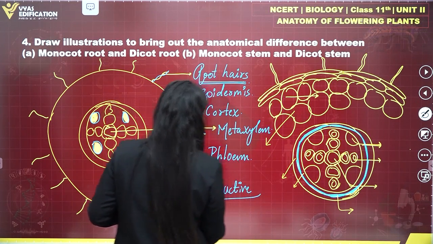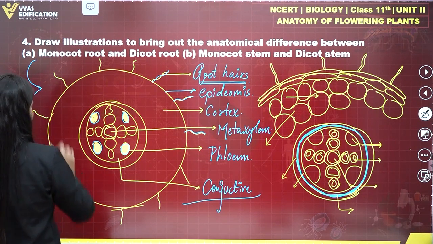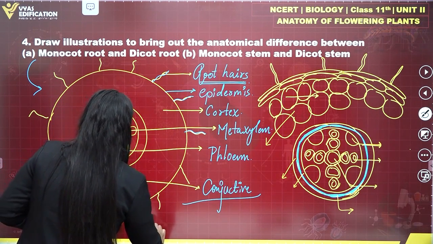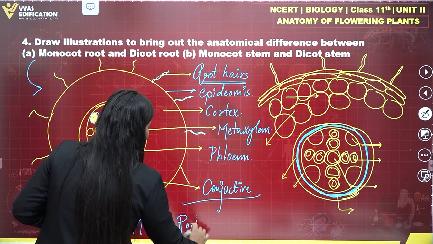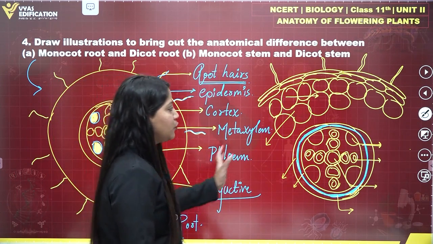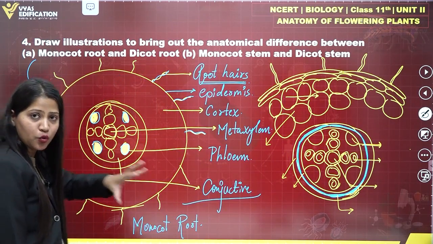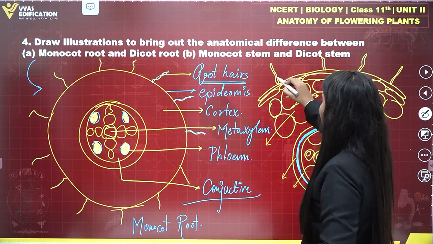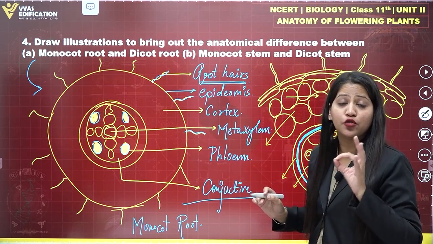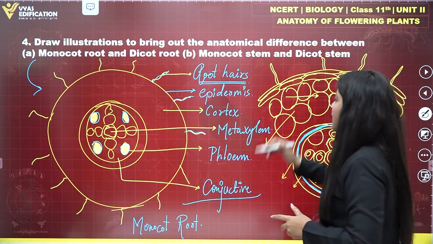And this whole diagram is actually representing the monocot root. So we can write here also, this is the diagram representing monocot root. Now let's come towards the next diagram, that is we have a diagram of dicot root. Now we are going to label it here. So first thing, always the hair-like structures in a root diagram or anatomy of root diagram, you will find root hair.